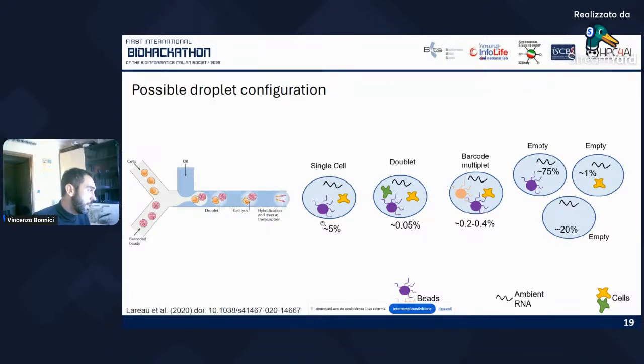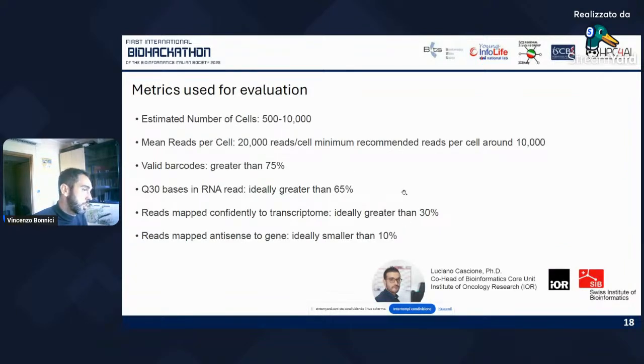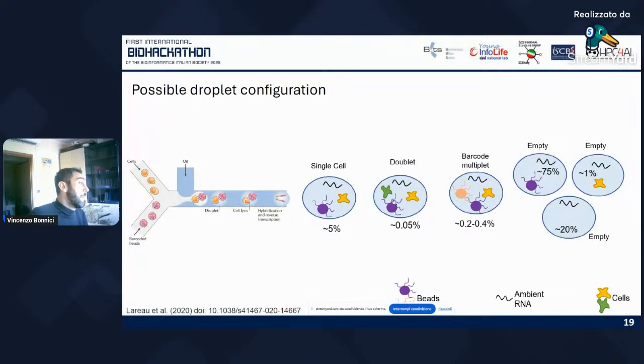Ideally, for each droplet, we have one cell, one bead, that is a barcode, and a little bit of ambient RNA, because there is always a little bit of ambient RNA. And this is one of the reasons why these batches are not 100% pure.